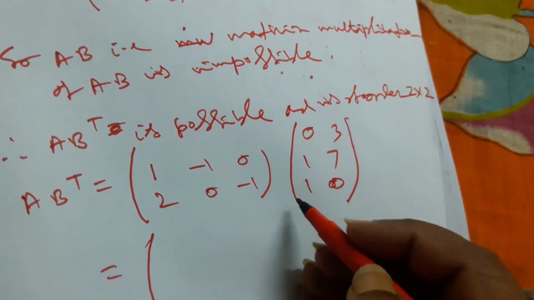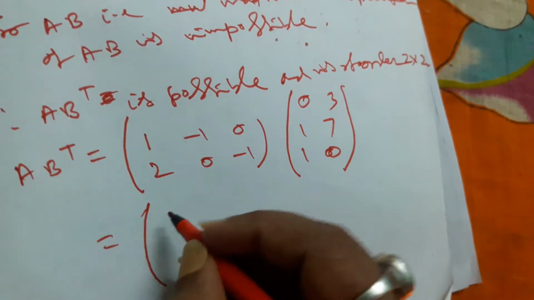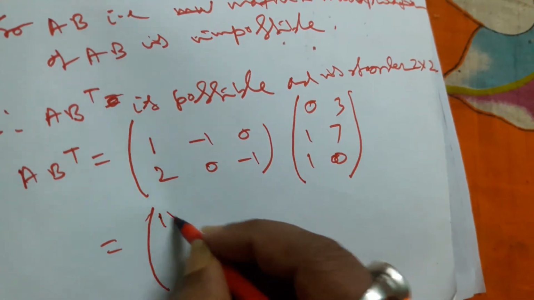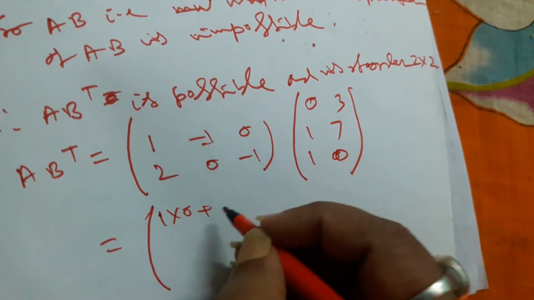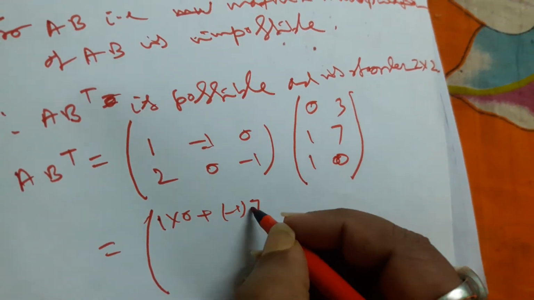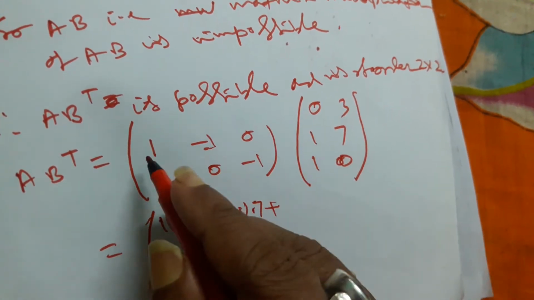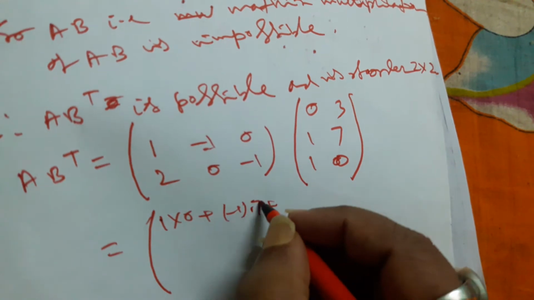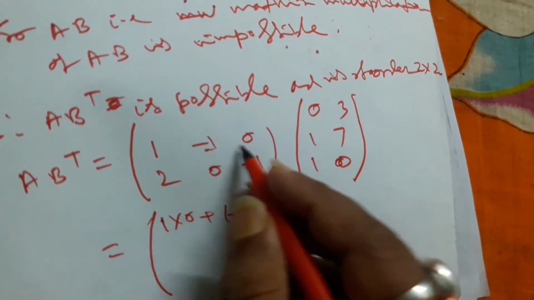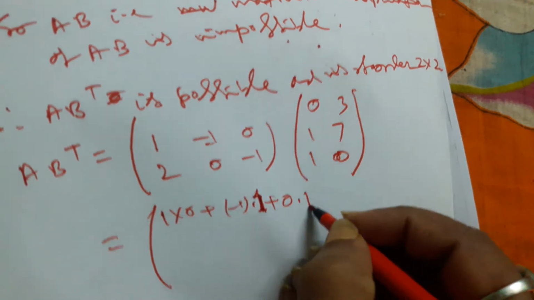First row, first column: multiply each element with the same positional element, that is 1 into 0 plus minus 1 into 1 plus 0 into 1.